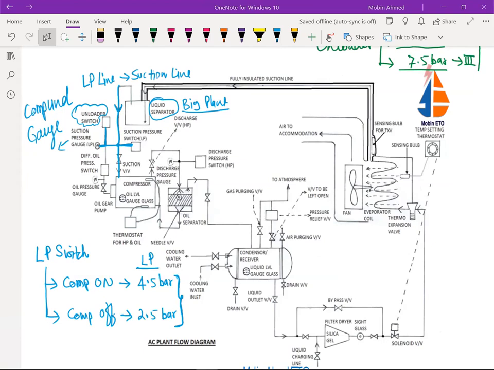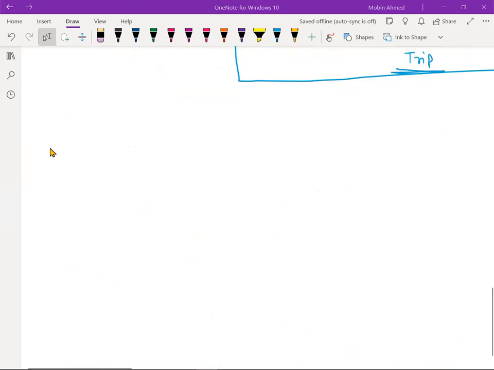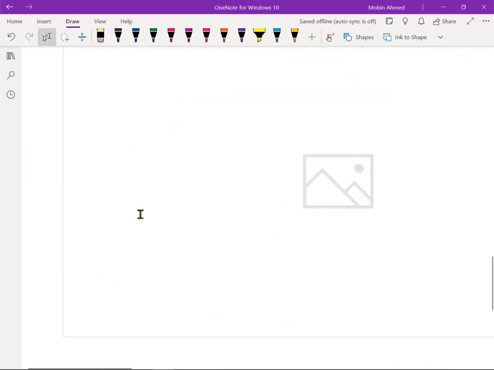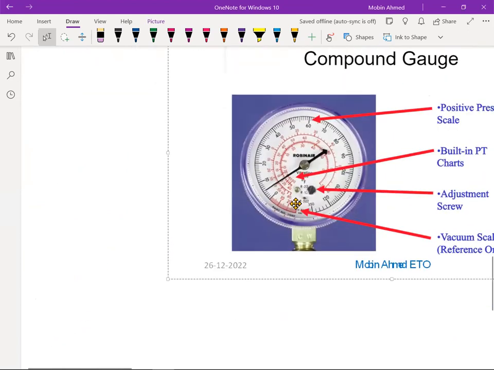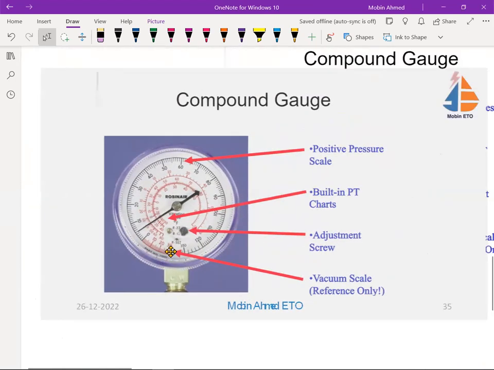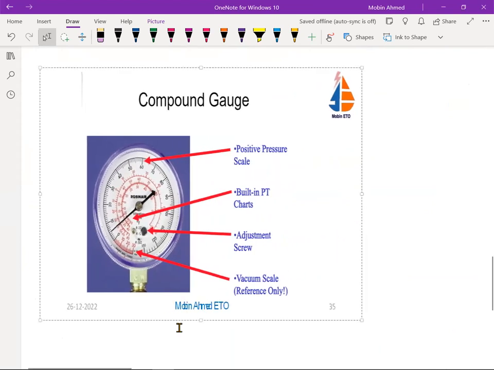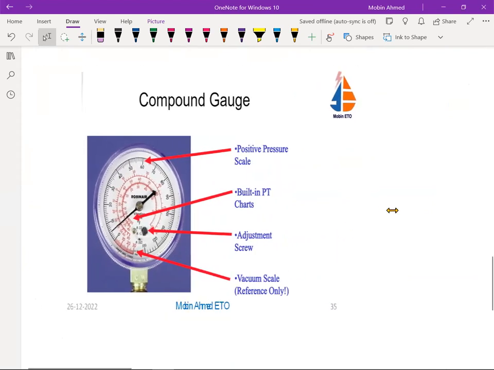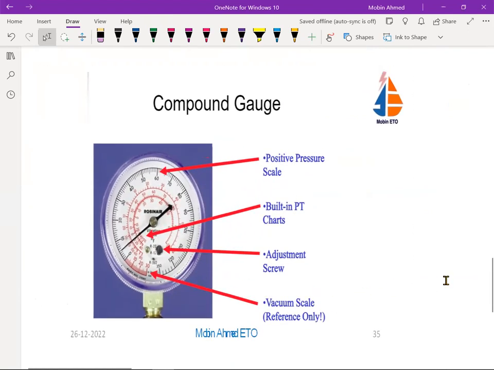Okay, this is going to be a compound gauge. Here you can see. Now, what is the meaning of the compound gauge? If you see in this one, it is going to have the vacuum scale.